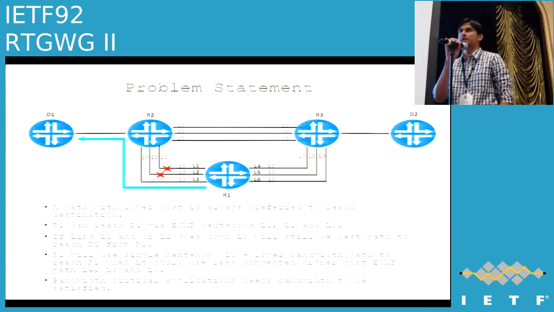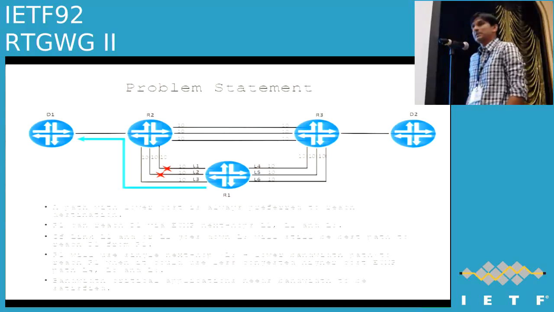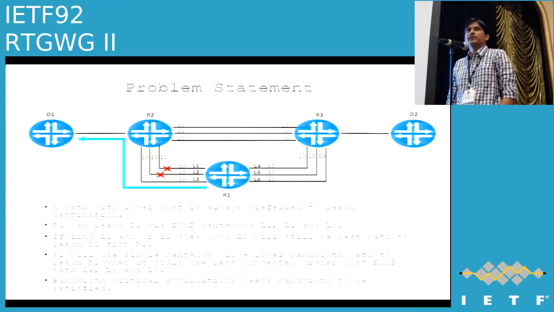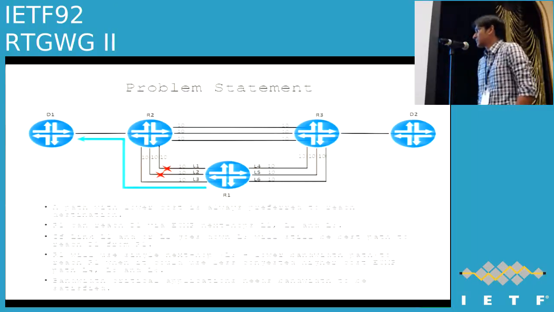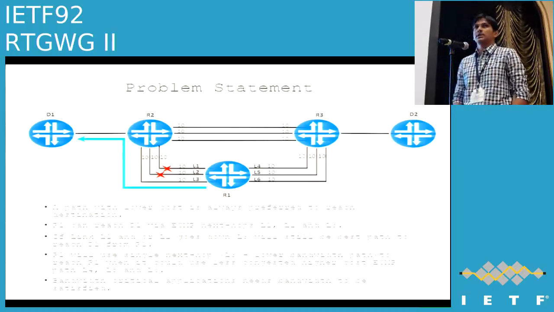So if we consider all these 3 links are 100 gig, then the backup path is providing you 300 gig, whereas the primary path is still providing 100 gig. So your bandwidth critical applications can have issues with this because you will be oversubscribing on the link that is available towards the destination.